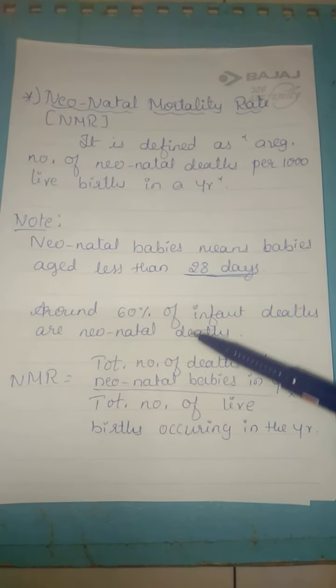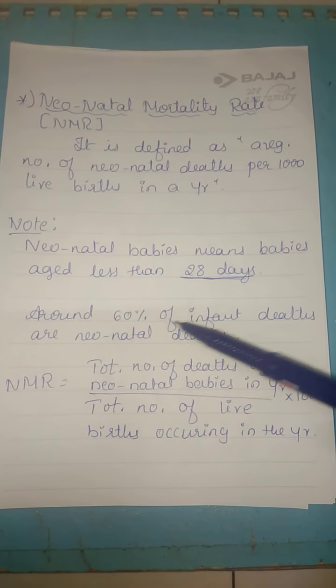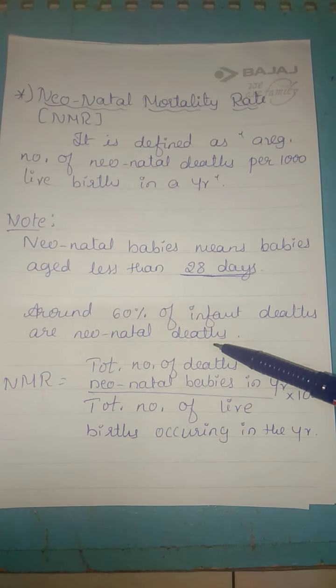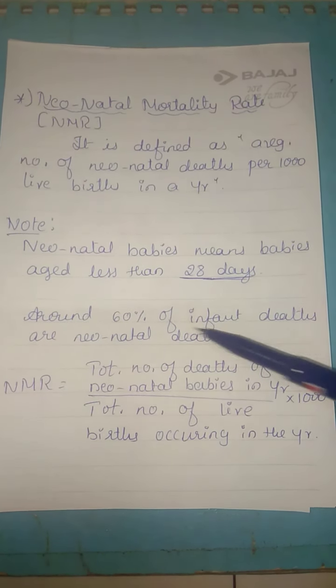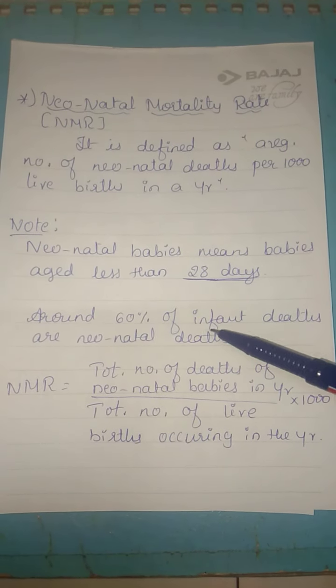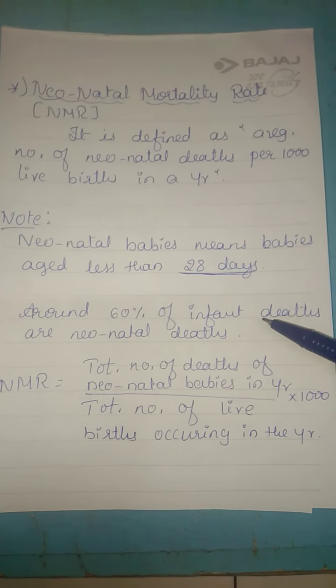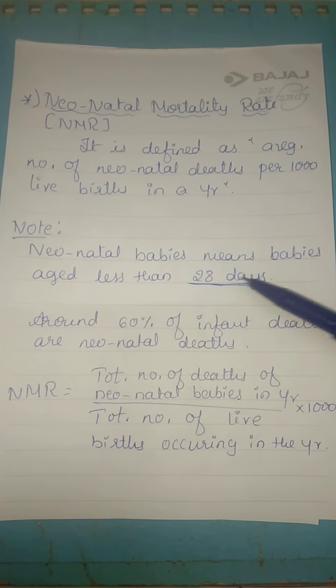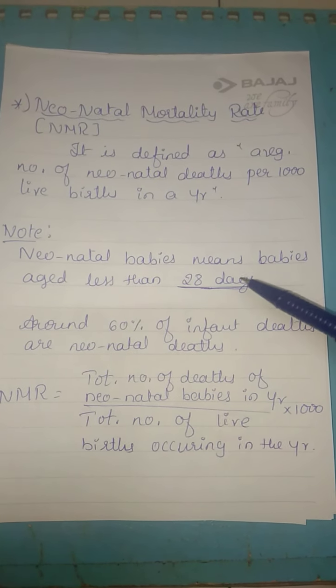Here is a note: around 60% of infant deaths are neonatal deaths. So among the infant deaths, 60% will be neonatal deaths, that is babies of less than 28 days.